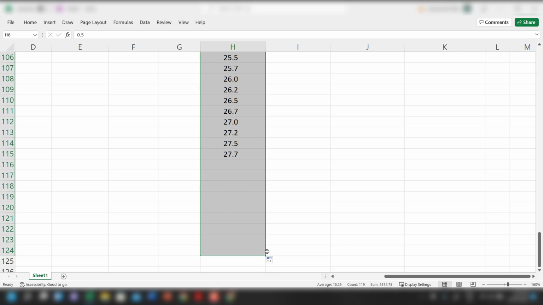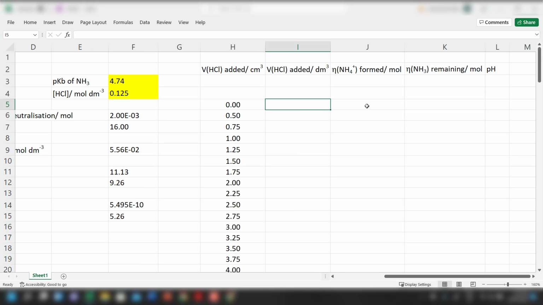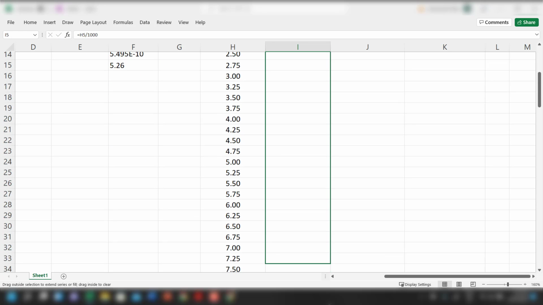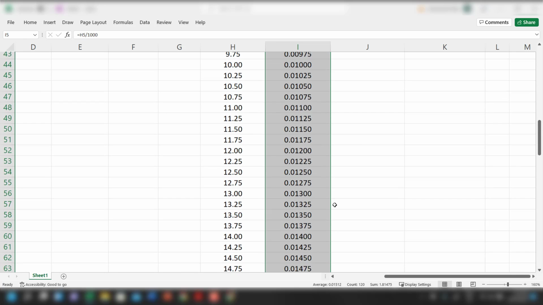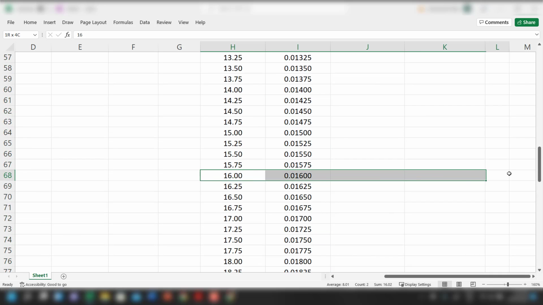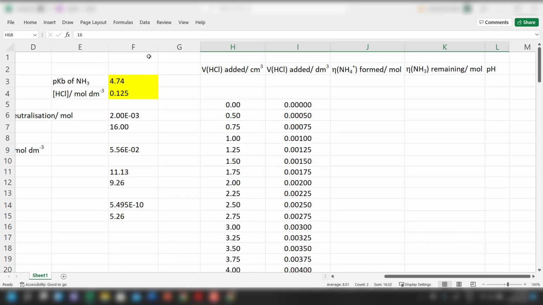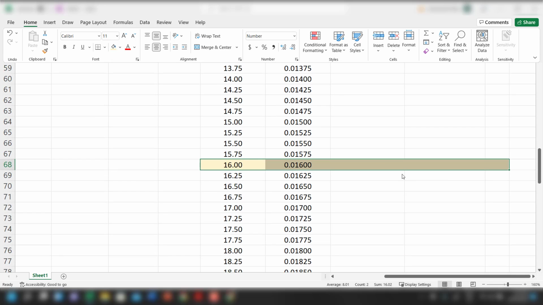the 30. Okay, and then I will determine the volume of HCl in dm cube. So that will be equals to this divided by 1000, and then I'll just drag it all the way down to 30. Okay, I will need 2 key points. Over here I'll just highlight this, maybe in orange.